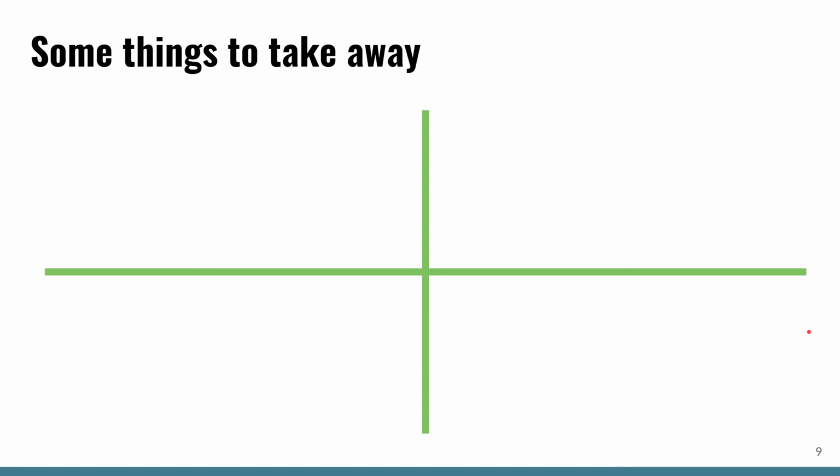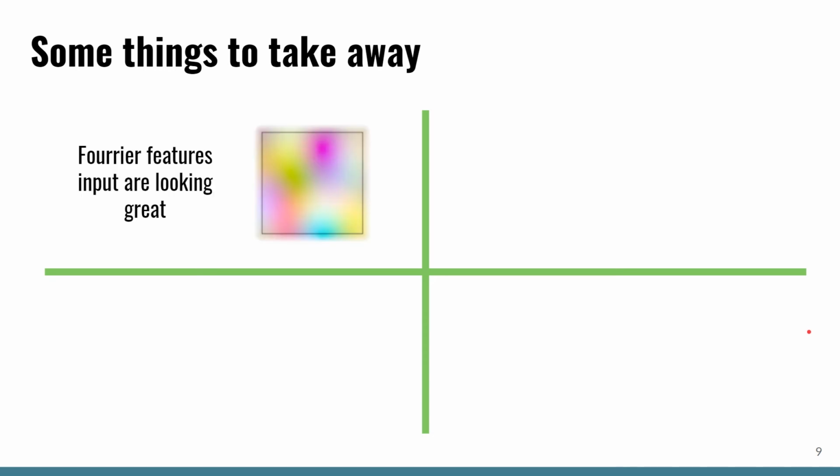Okay, let's go ahead with the conclusion. So a few things to take away here. The first thing that I want to mention here is that basically this idea of introducing the Fourier features as the input, well, it was a very good idea, because by this alone, which is a very simple change, you can actually improve the quality of the network, as well as improve your network's controllability, because those Fourier features can be moved around and rotated in the input space to imply an equivalent translation or rotation in the output space, which is quite interesting.